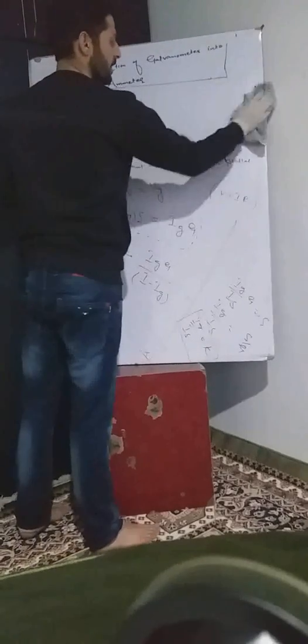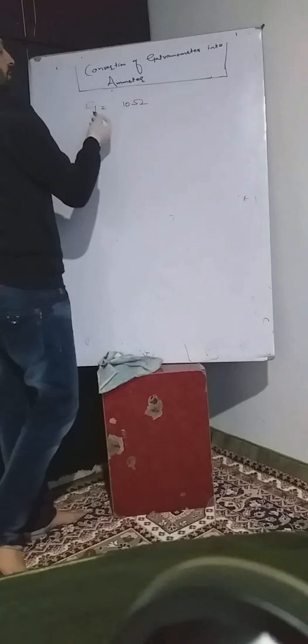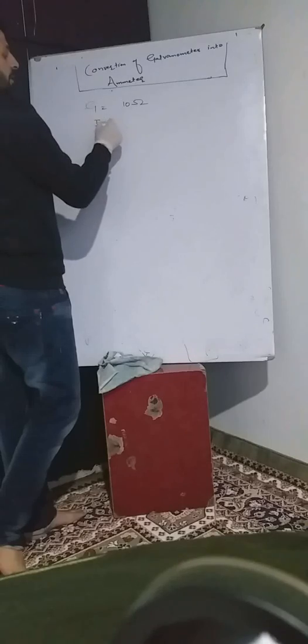Now a question can come on this in your exam. For example, you are given a galvanometer of resistance 10 ohm which shows full scale deflection at a current of 5 milliampere.